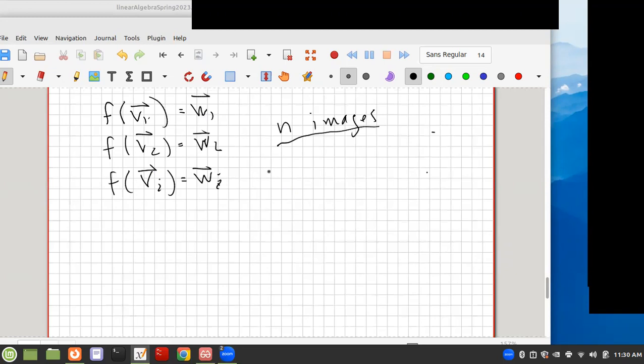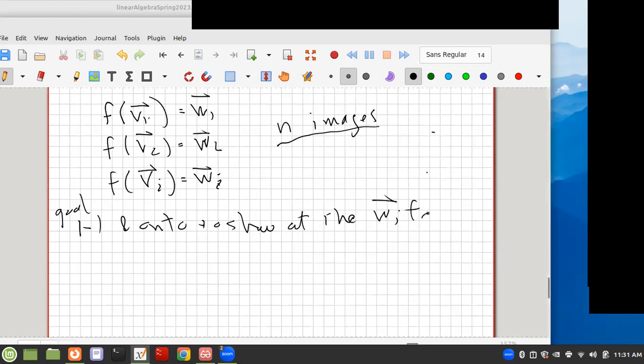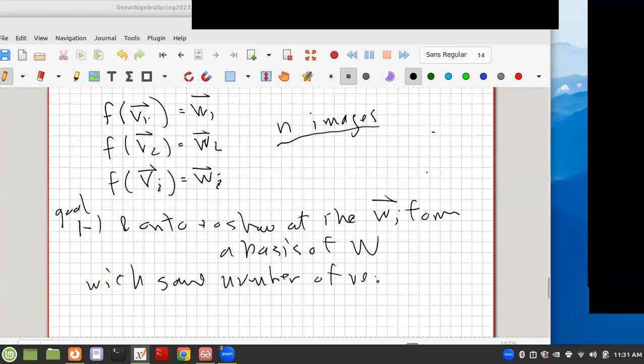So here's the goal. I want to use the properties that F is one-to-one and onto to show that the Wi, the images of the basis vectors here, form a basis of W, the codomain, with the same number of vectors.